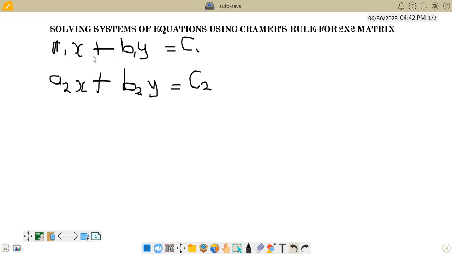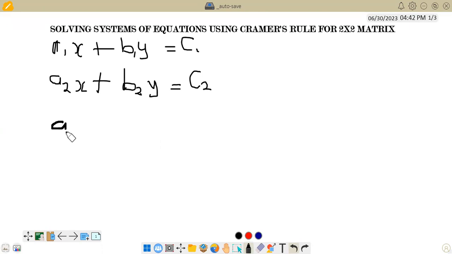Then, looking at our two equations, we can form a matrix from here. For example, we'll use the coefficients of these variables. For example, we have a1, b1, a2, b2.